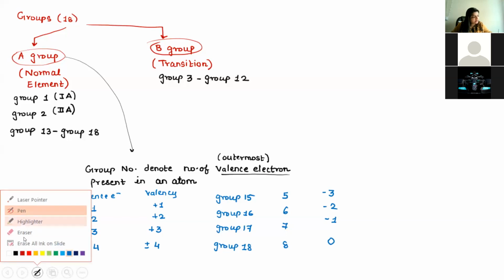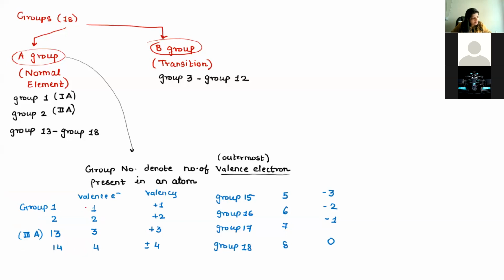With this, we conclude that groups 1, 2, and 13 are metals. Groups 15, 16, and 17 are non-metals.